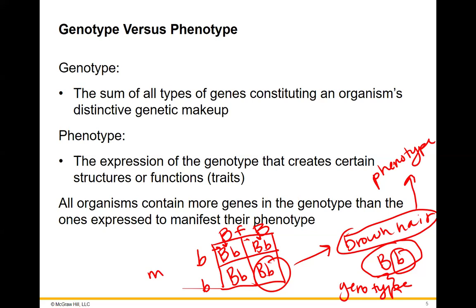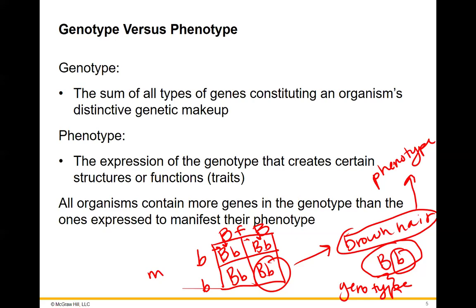So sometimes your genotype can only be the phenotype, but sometimes you might have a hidden gene like we do here. So phenotype is what's being expressed. Sometimes some areas of your body or some cells will favor expression of some genes versus others, just depending on what that organ is. And sometimes you can have a variation of those genes, turning them on and turning them off in different areas.